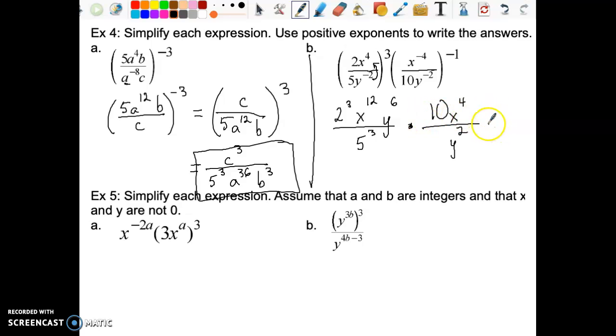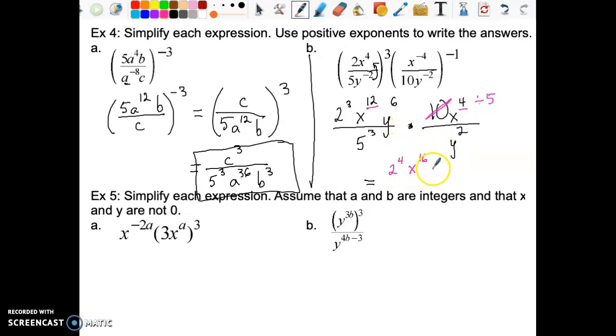And then from here, I'm just going to leave it up to you how much you want to simplify, because you could divide both of these pieces by 5. Let me go ahead and do that for you. If I divide this by 5, so reduce that by 5, now I get another 2 in the numerator. 2 to the fourth, it's going to become x to the 16th because you add your exponents.